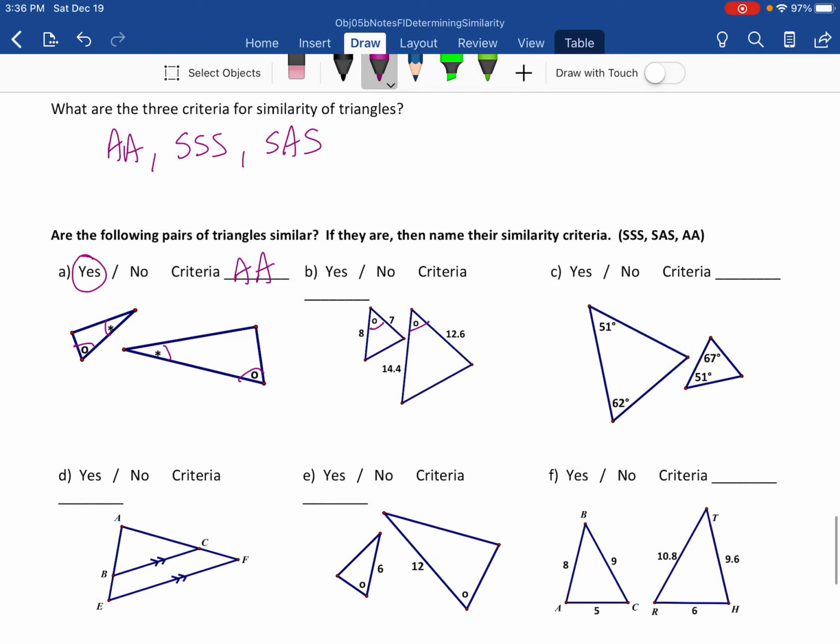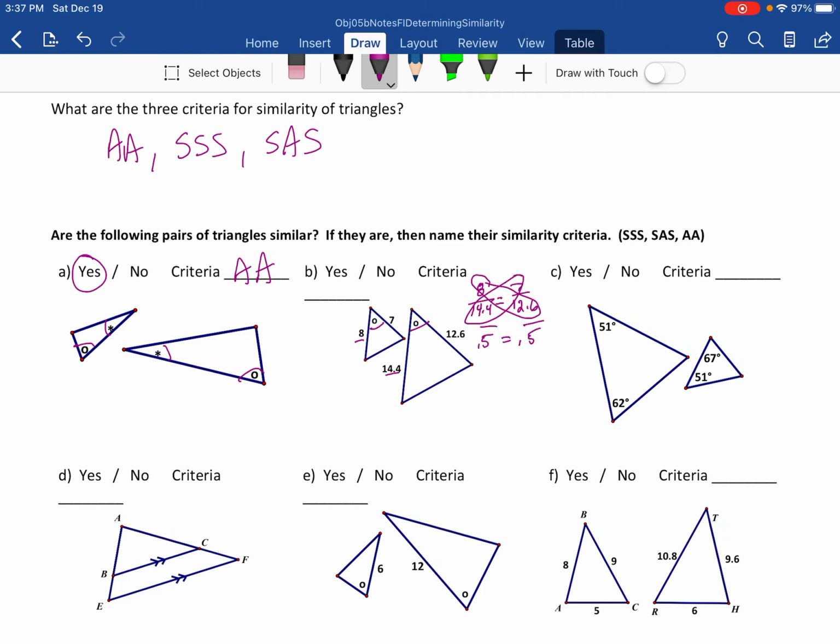The next one, I only see 1 angle congruent and I only have 2 sides. It's the included angle. So what we have to look at is, large side over large side, is 8 over 14.4 equal to 7 over 12.6? You can use decimals to figure this out. 8 divided by 14.4 is 0.5 repeating, and 7 divided by 12.6 is also 0.5 repeating.